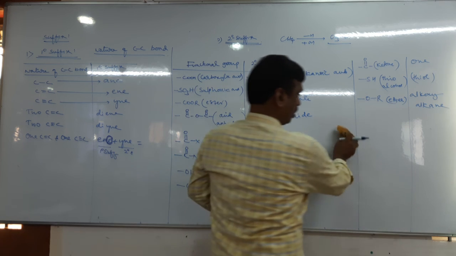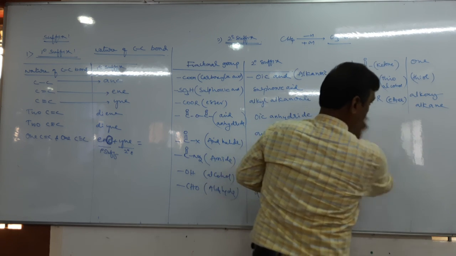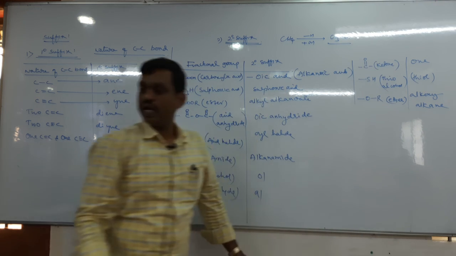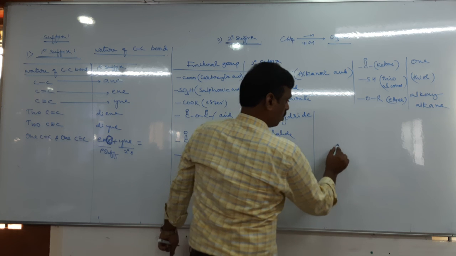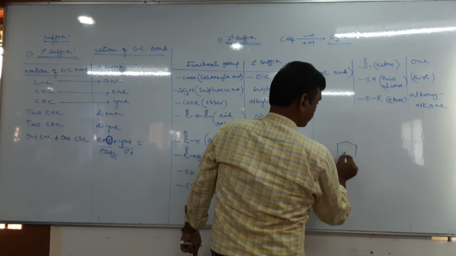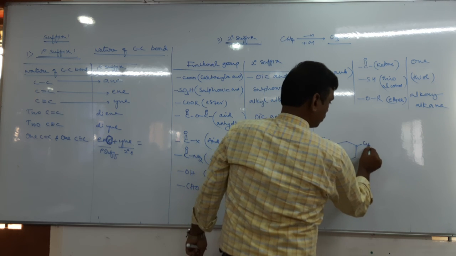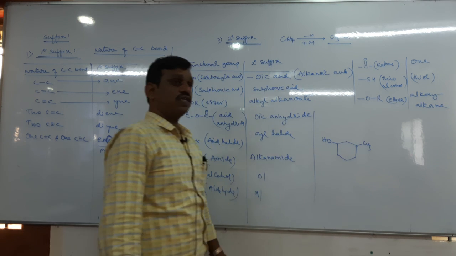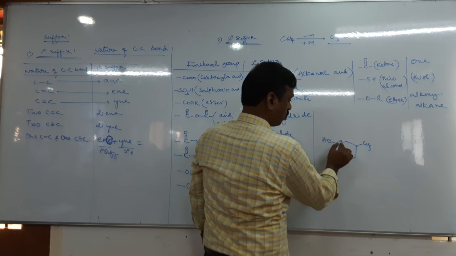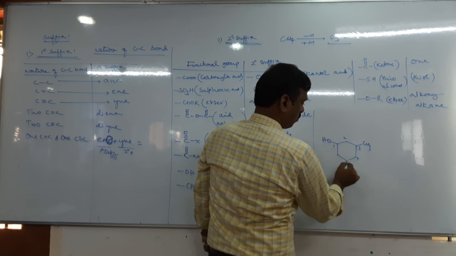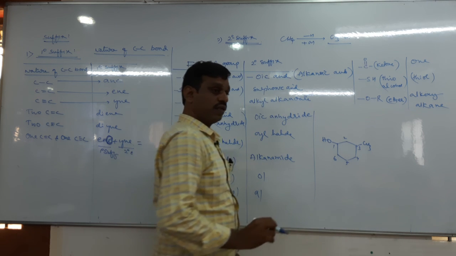Then what is the format of an IUPAC name? Suppose I write the IUPAC name of this compound with methyl and OH. Numbering starts from OH: 1, 2, 3, 4, 5, 6.